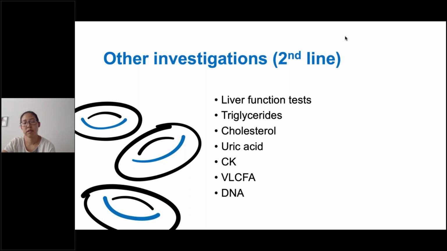The VLCFA is looking in certain children who present with X-linked adrenoleukodystrophy, and the first and only thing they can present with is hypoglycemia. So we do that second line, so not first line. And then DNA, just because you're bleeding them, and in case they become a very problematic child with hypoglycemia problems, then you can do genetic testing and you don't have to keep bleeding them.